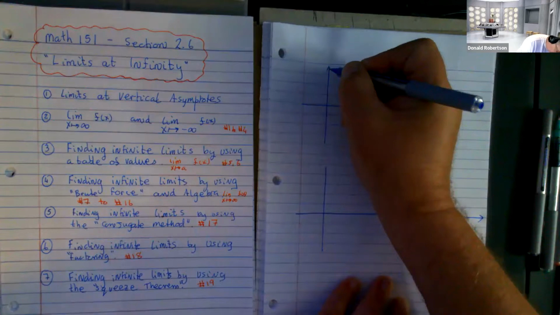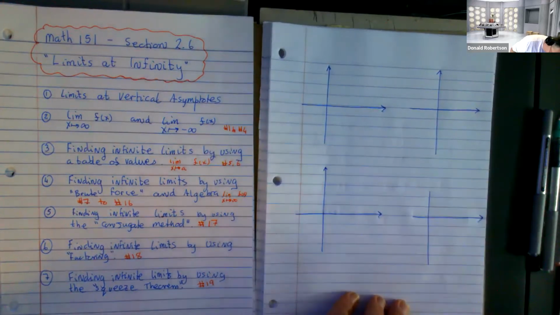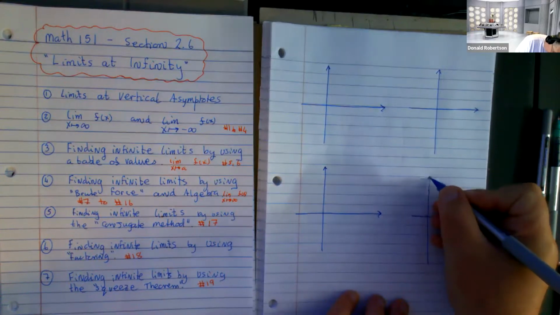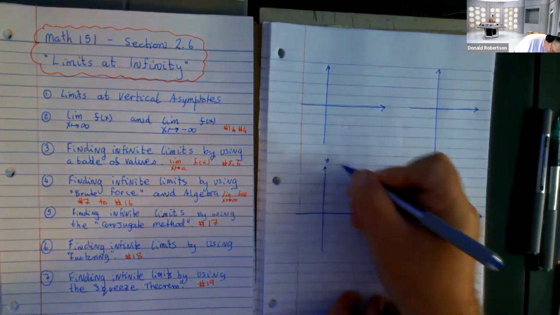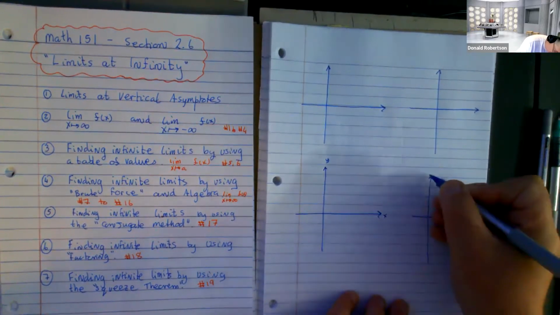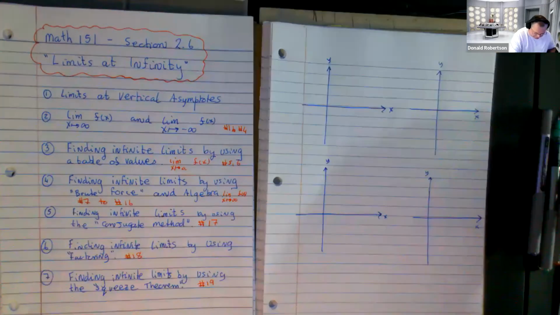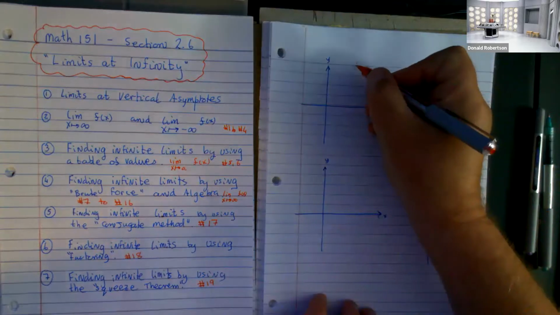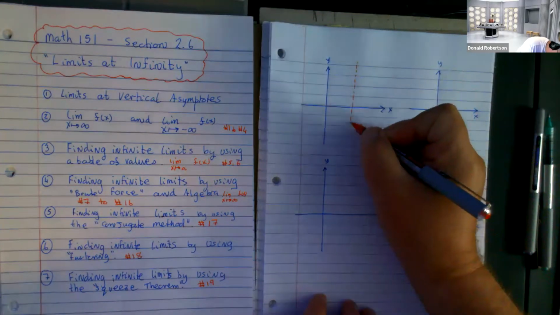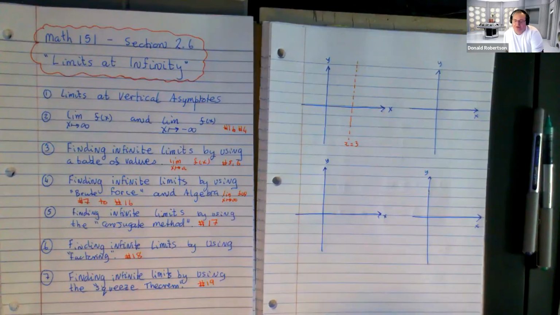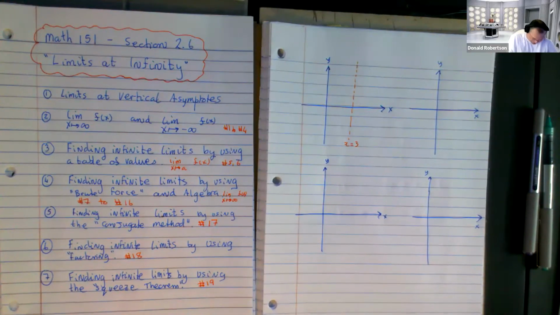And there are 4 of them. I'm going to have them all at the same place just to make my life easy, at, say, x equals 3. So there's going to be a vertical asymptote at x equals 3.